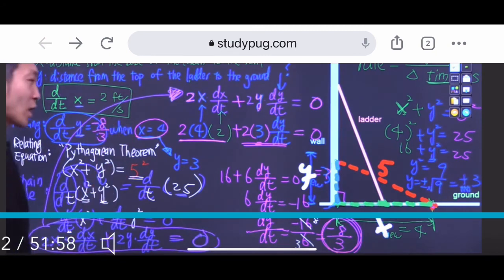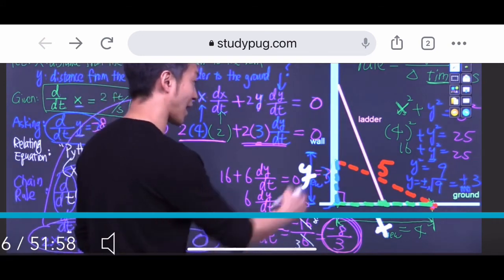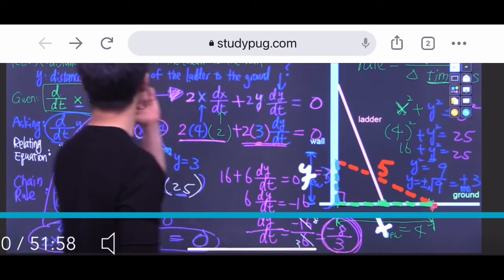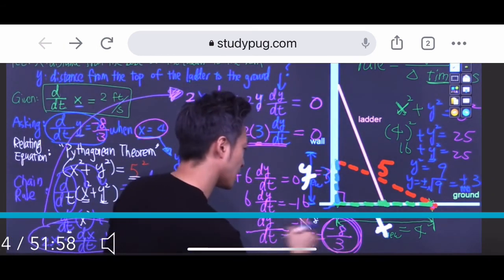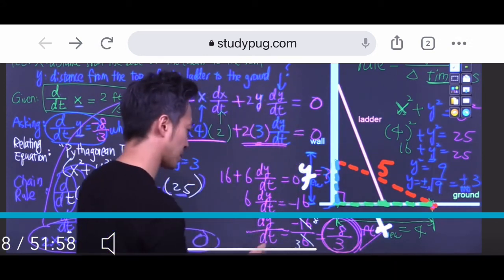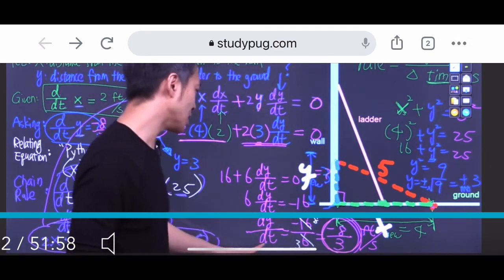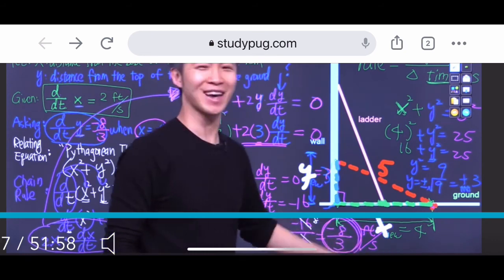Okay, and what's the unit? Well, y is length, right? y is the length of the triangle right here, and length in this question is described as what? Feet. So y has a unit of feet, over time, which in this case is seconds. So dy/dt is equal to negative 8 over 3 feet per second.